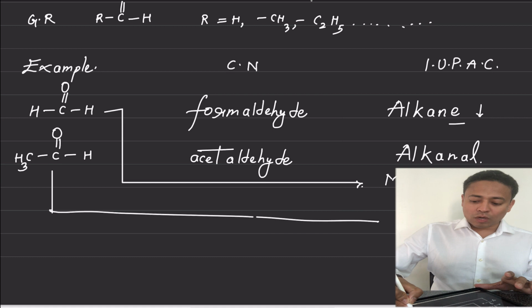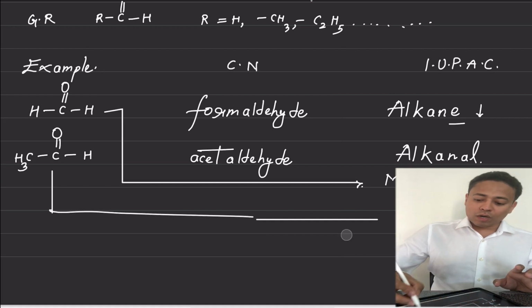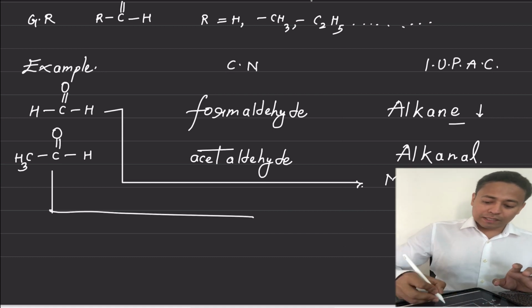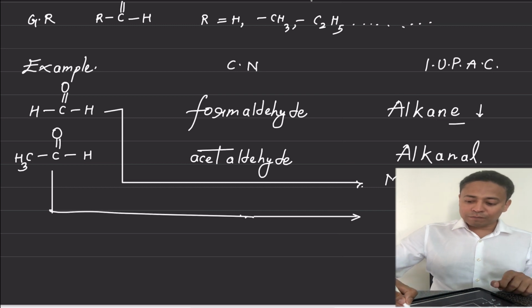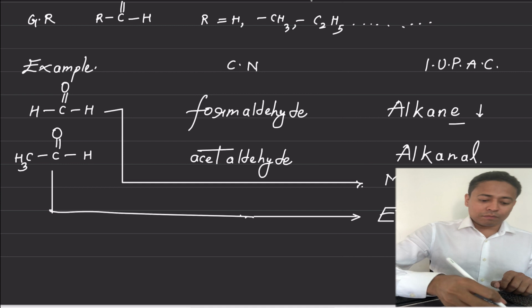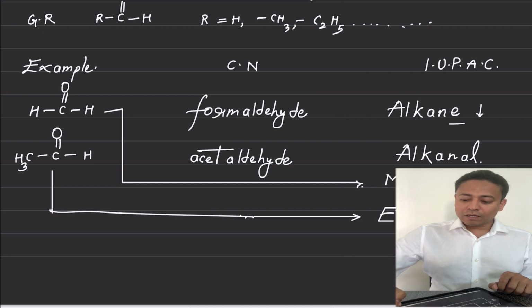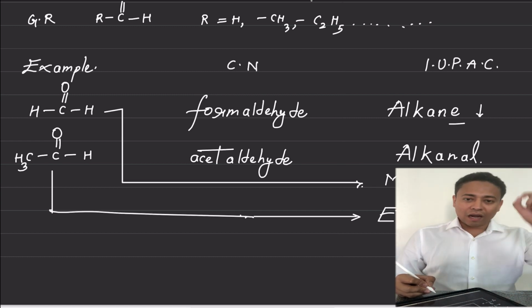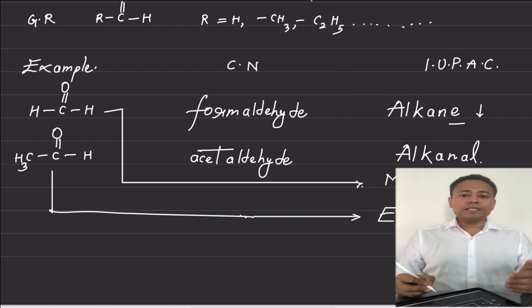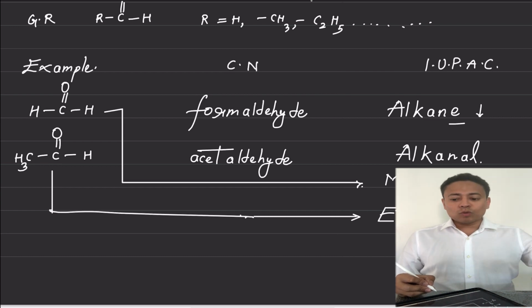Since it contains two carbon atoms, I am sure you are aware, a two carbon atom alkane is nothing but ethane. So the name of this compound will become ethane. E is being replaced by Al, and this compound becomes ethanal. This is how easy it is to learn these names and also for you to understand these names.